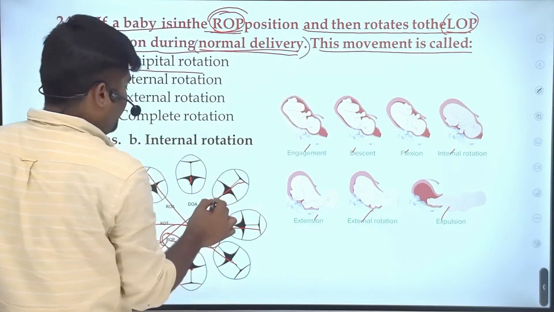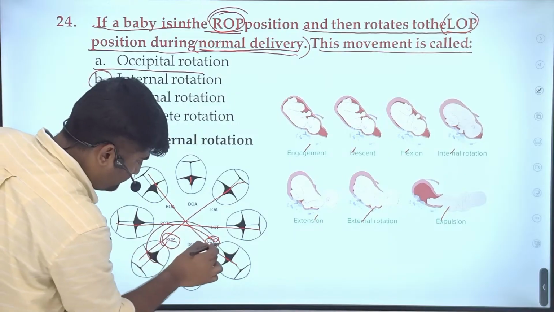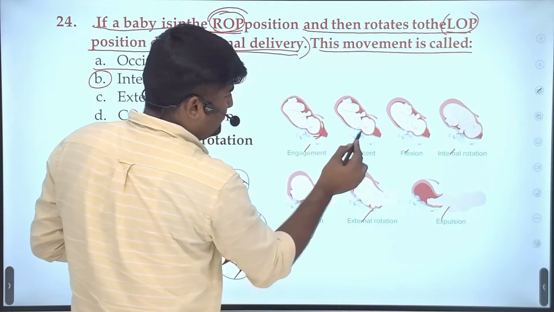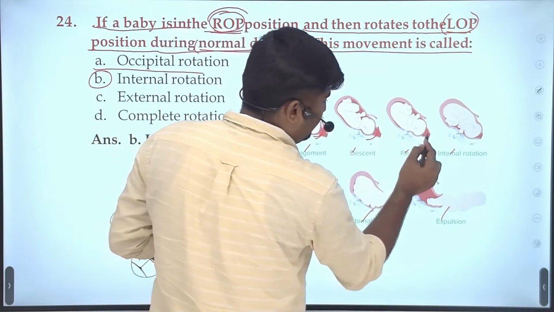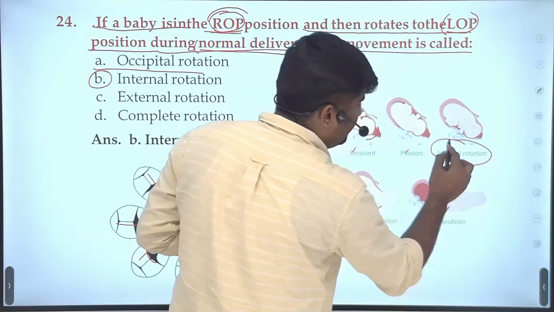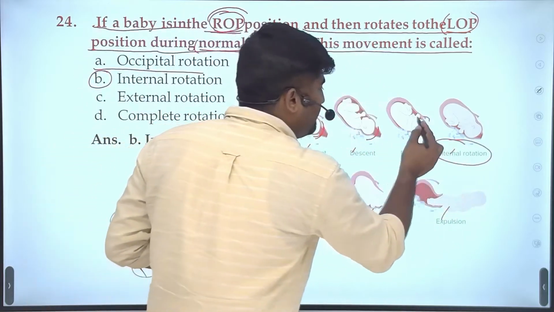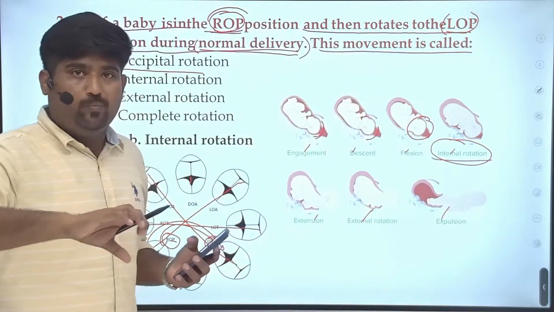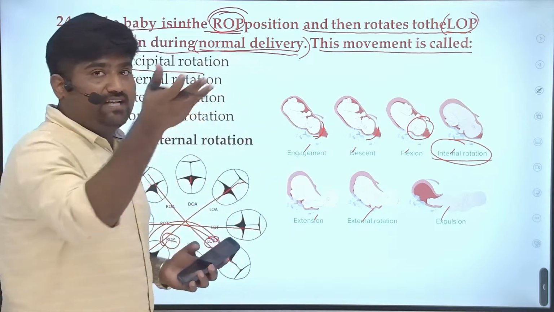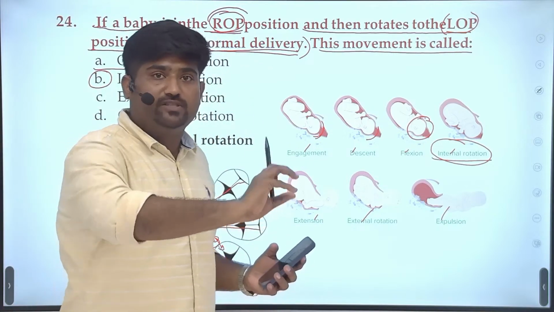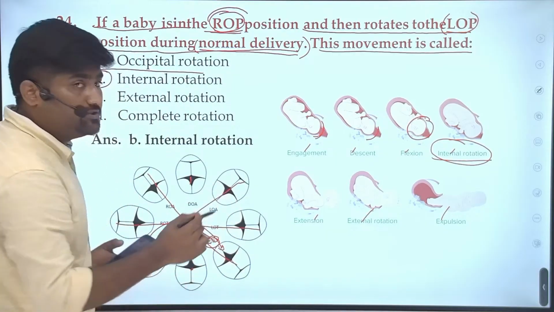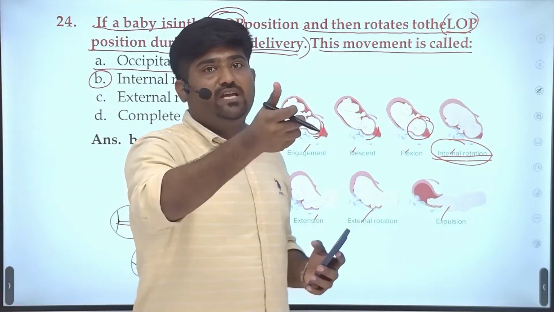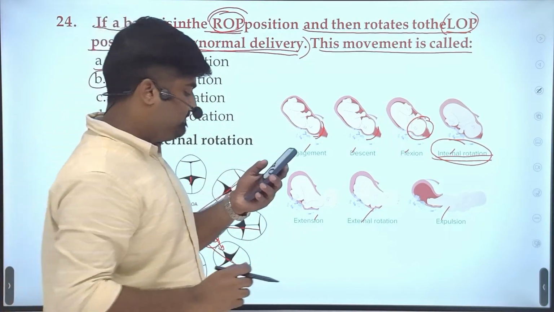Engagement happened here, descent happened here, then flexion. After that, first internal rotation takes place. In flexion, there won't be any movement. In internal rotation, there will be a movement from one angle to another, from the right occipito-posterior to the left occipito-posterior. So the first movement is internal rotation.